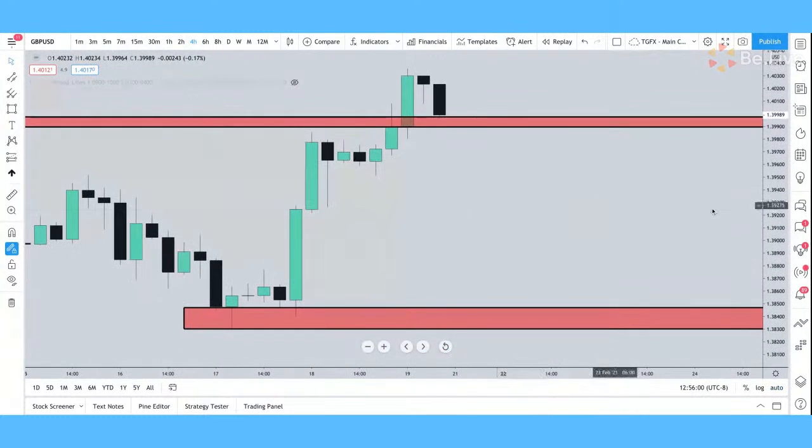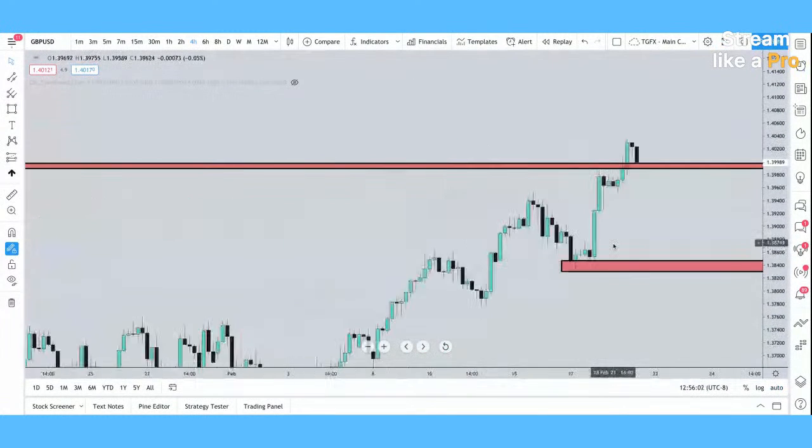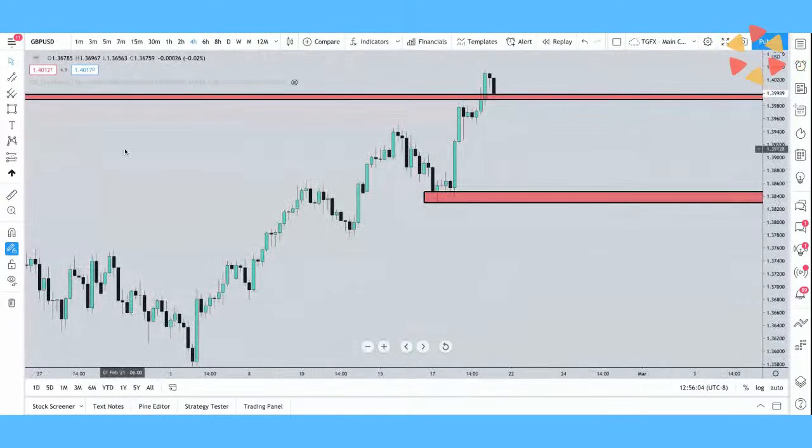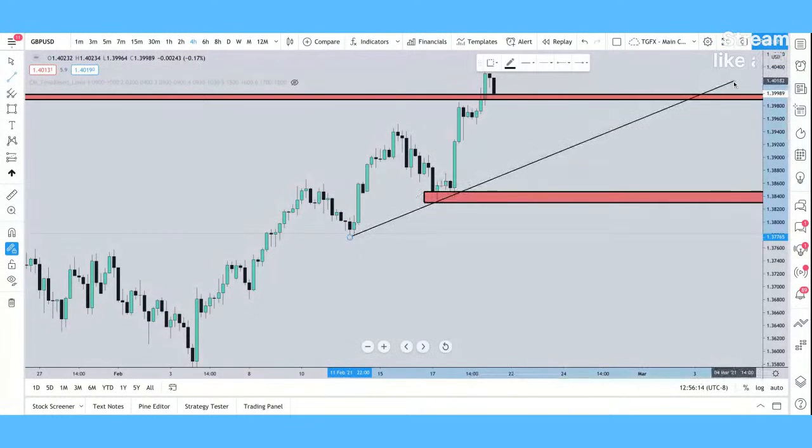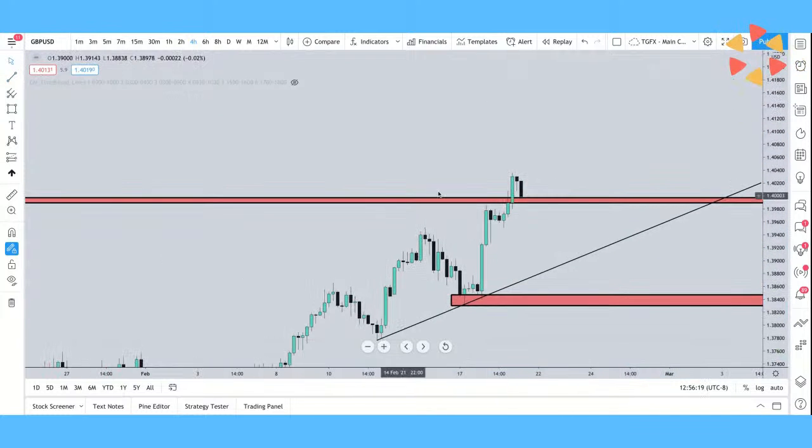So a few things to notice on this pair right now. Number one is that we do have a break of the daily level, but it needs to maintain it. So if price decides to break back under that level, then potentially we're going to see more downside from this pair. This can easily just turn into an overshoot, then price fall right back under.